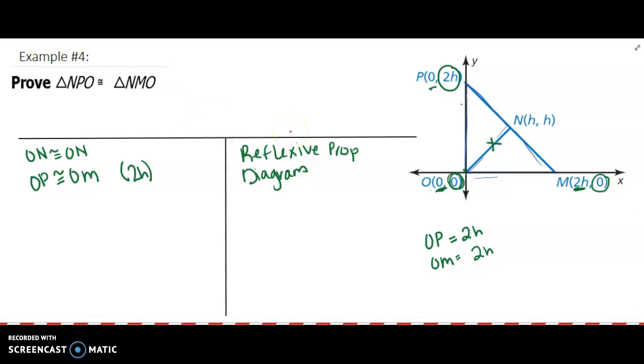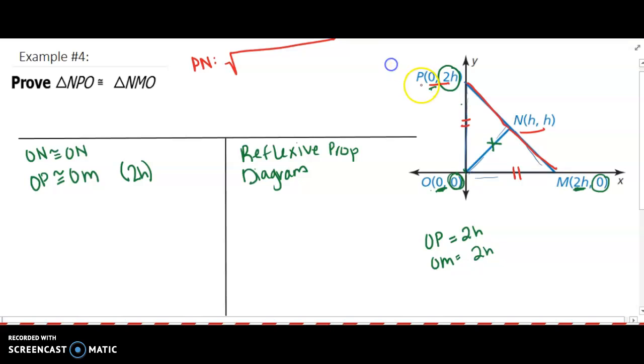Alright, so now I need to show, first of all, let me mark this, that's congruent to that. Now I need to show that this piece here is congruent to this piece here. So we're going to pull out the old distance formula. So PN. Okay, so I'm going to use these two here.